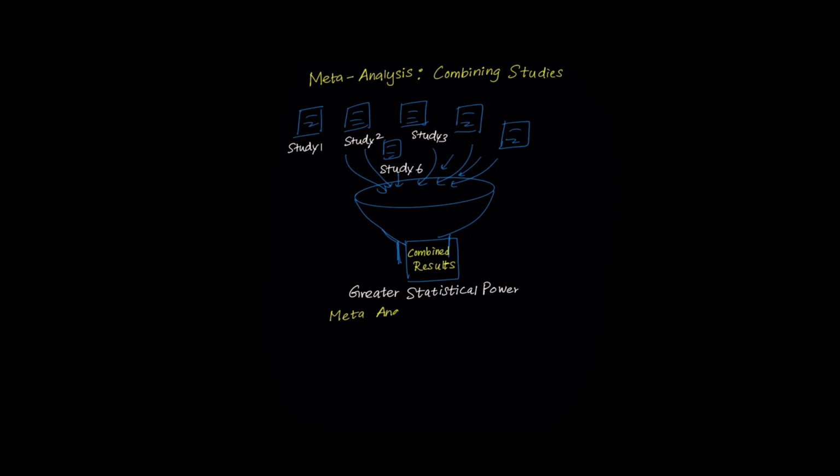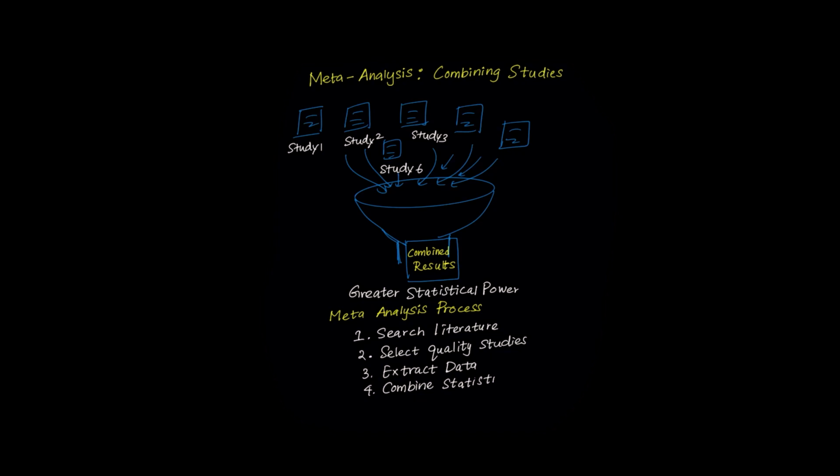The power of meta-analysis comes from the increased sample size and the ability to identify patterns that might not be clear in individual smaller studies. It's a systematic process that involves searching the literature, selecting high-quality studies, extracting data, and using statistical methods to combine the results into one overall effect estimate.